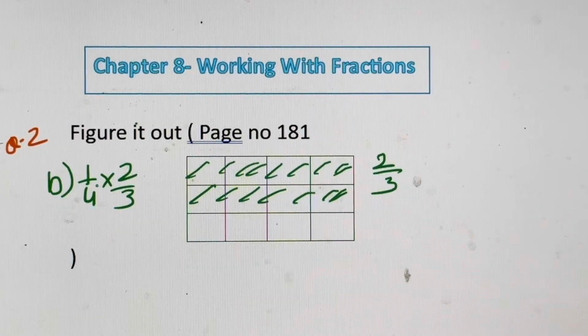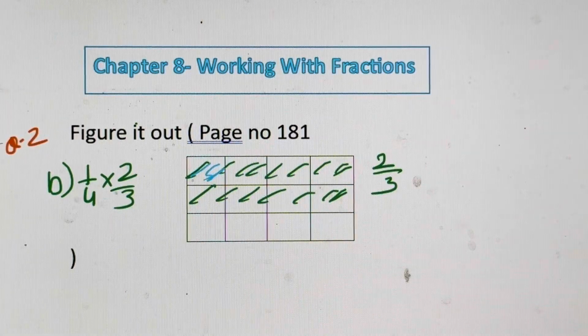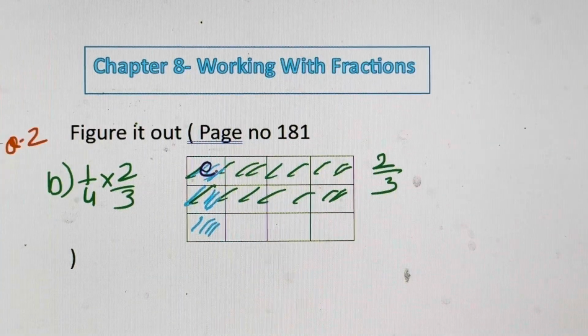Right, and then we want 4 parts, 4 columns. So 1, 2, 3, 4 columns we have. But we need to shade only one of them because this is 1 upon 4. Right, now which is the common for both? This portion and this portion is common.